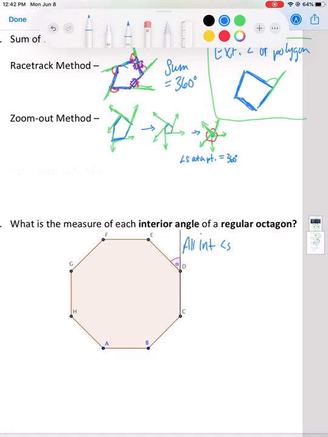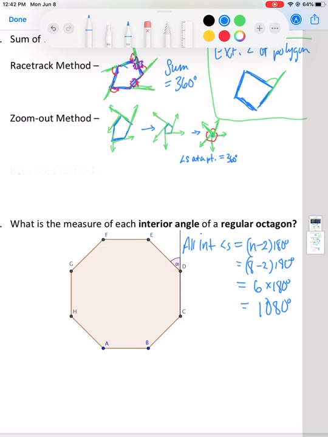For all interior angles, the formula is n minus 2 times 180. So for an octagon it was 8 minus 2 times 180. Six times 180, and we get 1080.